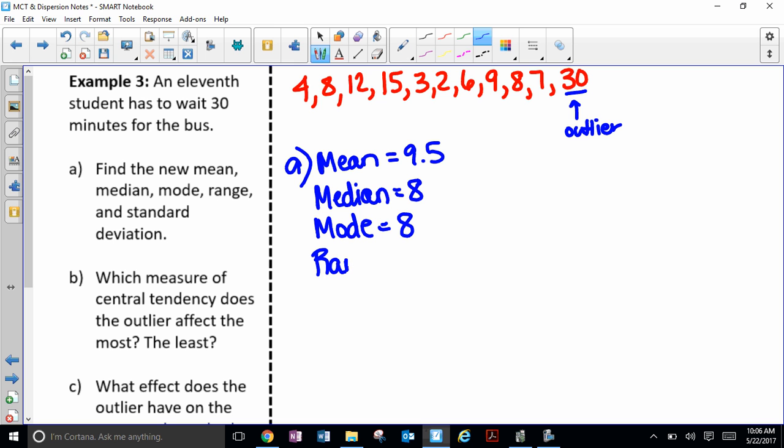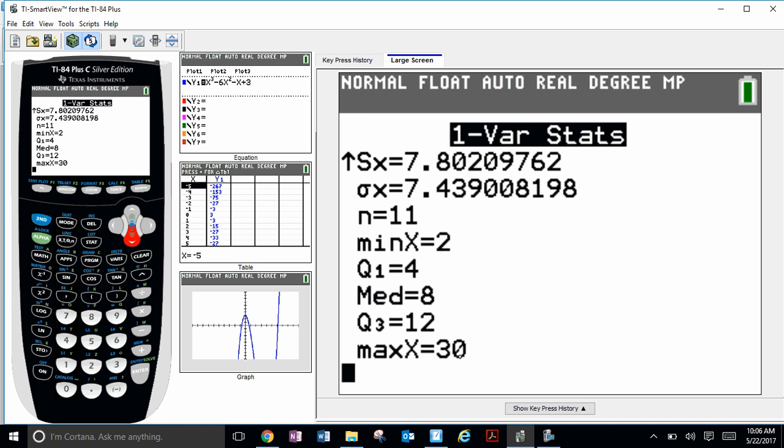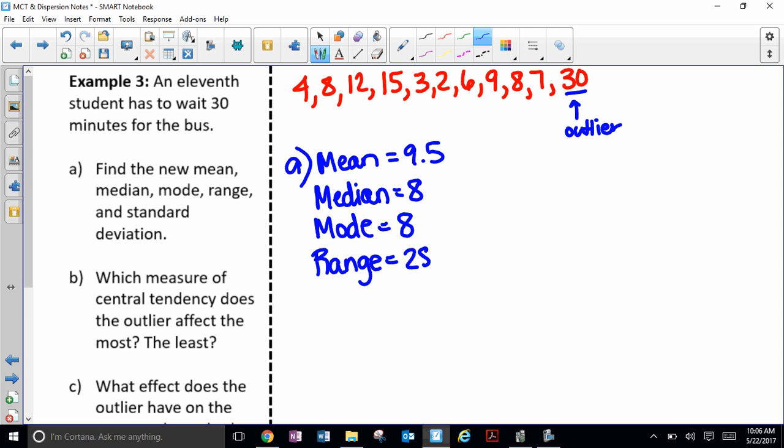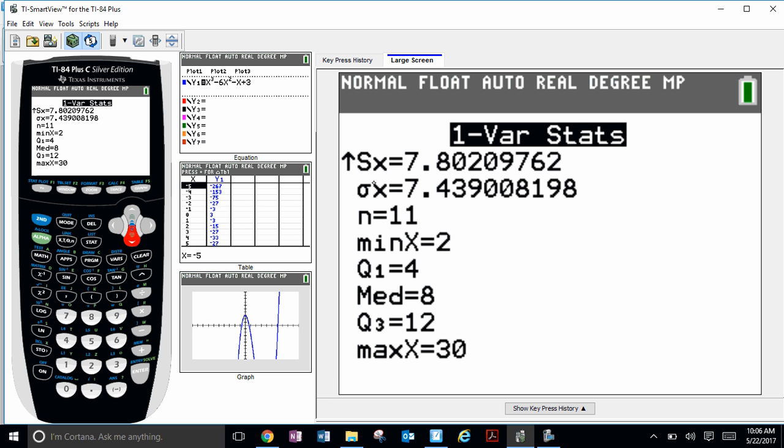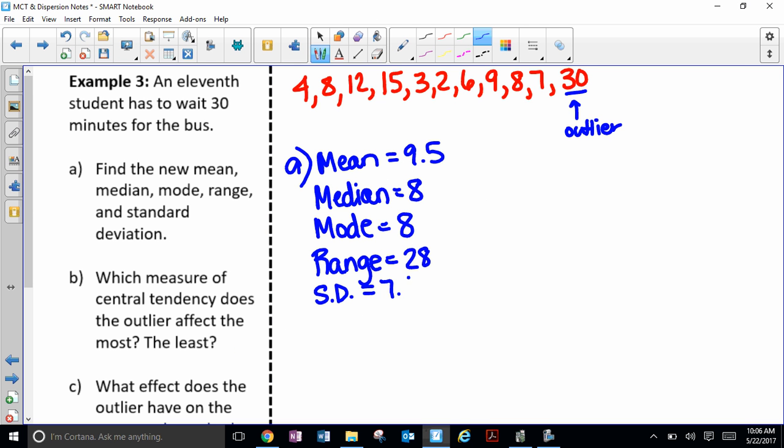Range now, we're going to take our highest number 30 minus the minimum number 2, so 30 minus 2 is 28. So our range is much more, and then standard deviation is that sigma number right here, which is 7.4. So it changed some things quite a bit, some more than others.